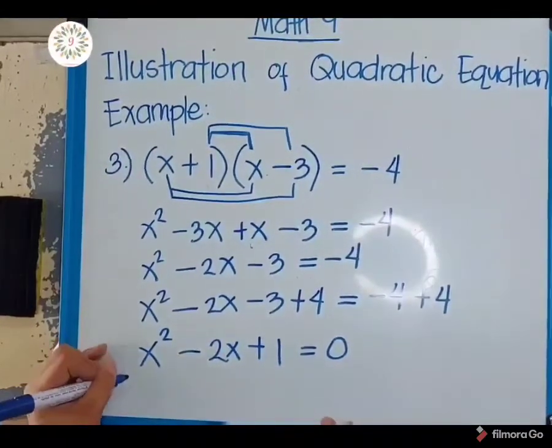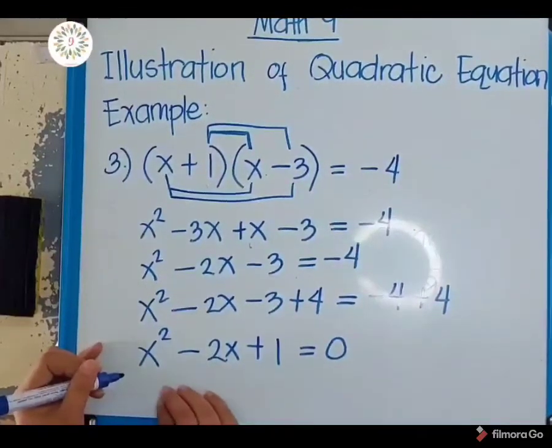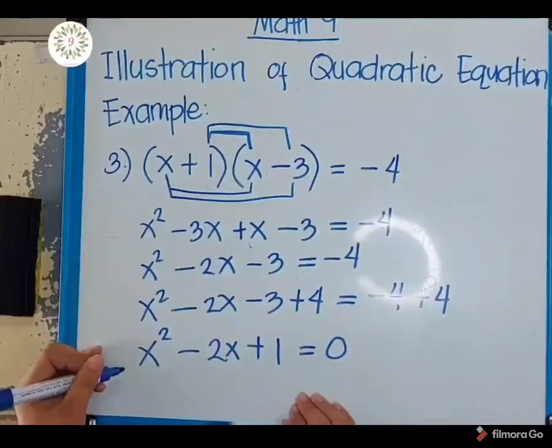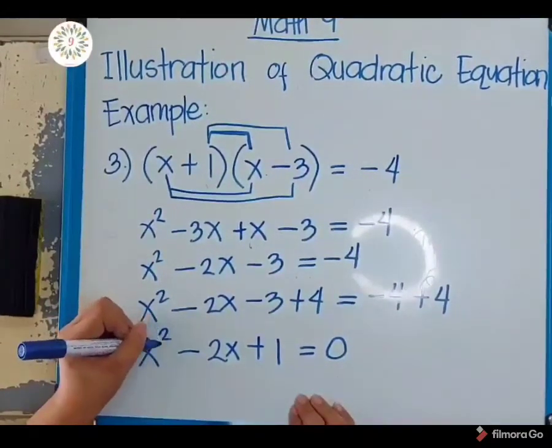Let us identify the values of a, b, and c. This is already the standard form of a quadratic equation, since the highest degree, or the highest exponent, is 2.